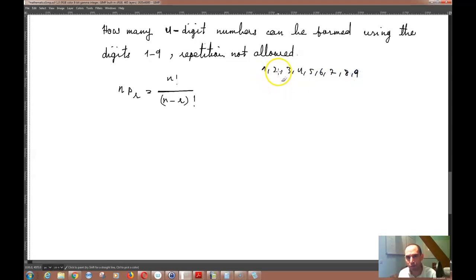So that's 9 factorial. And since I'm creating these 4-digit numbers, n is equal to 9 and r is equal to 4. So that's 9 minus 4 factorial.